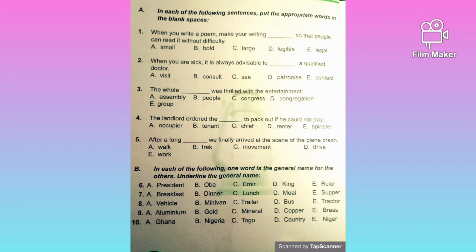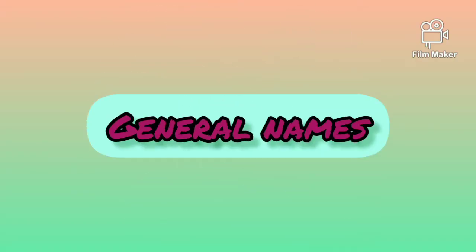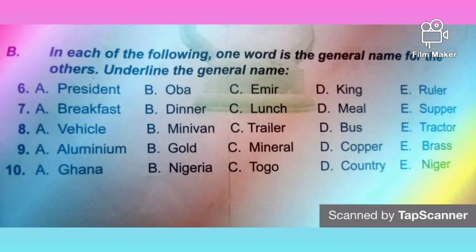Okay, so without wasting much time, I'll leave you to do number 3 and number 4 as we move over to the next one. Okay, this is general names. In this particular section, we are going to be picking out a word that is a general name for the other words. So the first one is A, president. B, Oba.